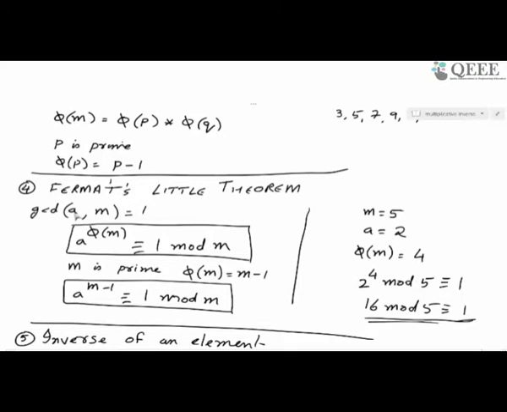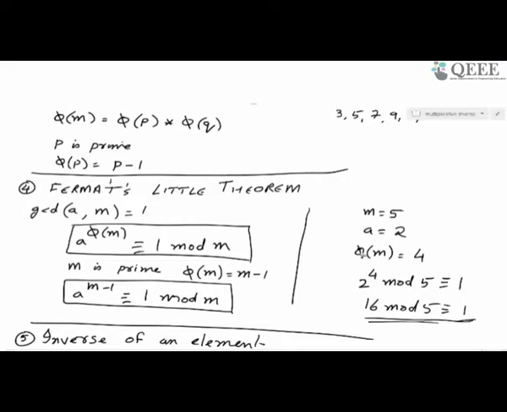Suppose you have some number a and m which are relatively prime to each other, and therefore they have a GCD of 1. Then Fermat's little theorem states that if you take a and raise it to the power of phi of m, the result will be congruent to 1 mod m. So we had taken a particular example where m equal to 5 and a equal to 2.